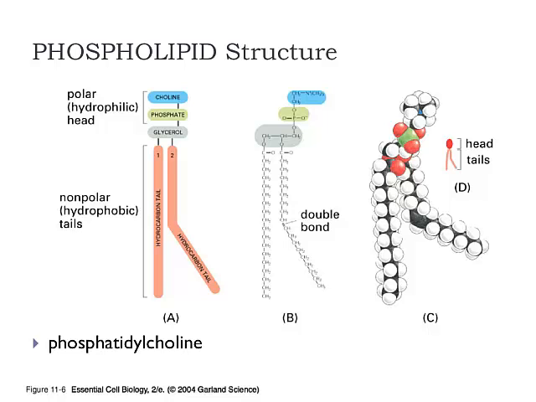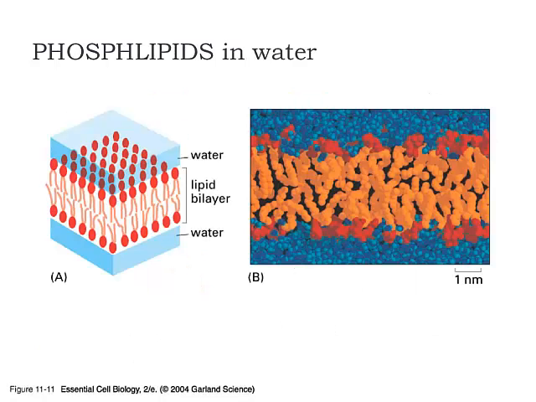And as I mentioned, some of those tails have a double bond, and that double bond can actually change depending on the conditions that the cell is in. Okay, so the most common phospholipid is phosphatidylcholine.